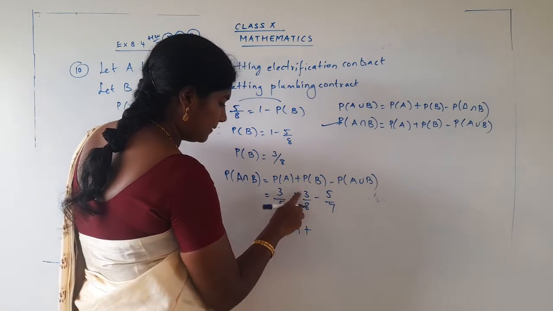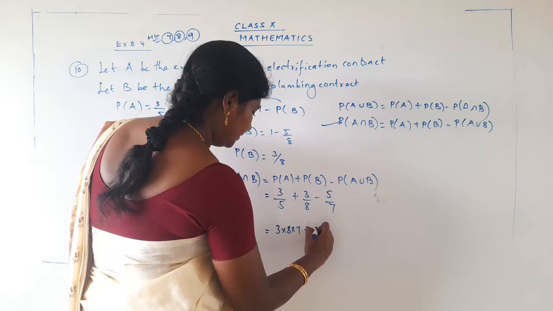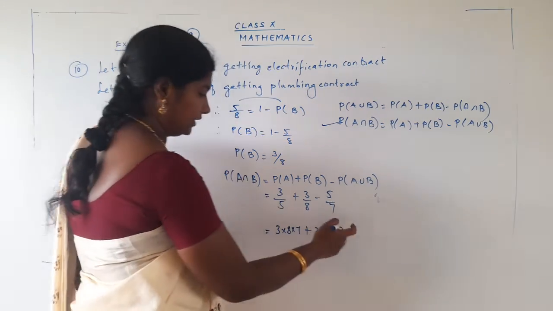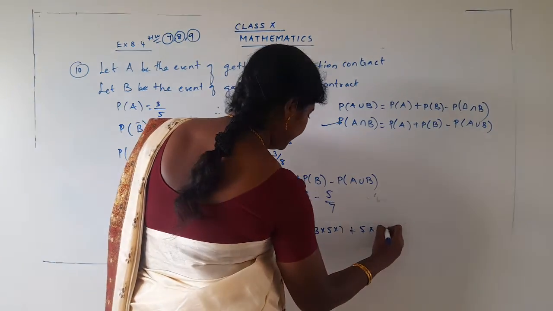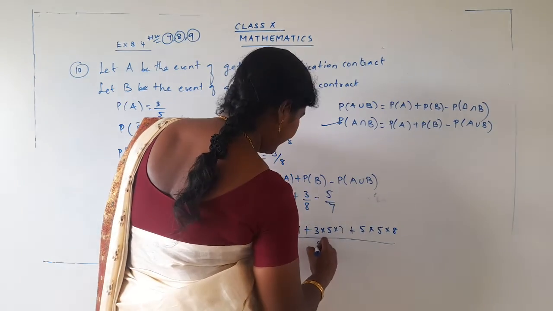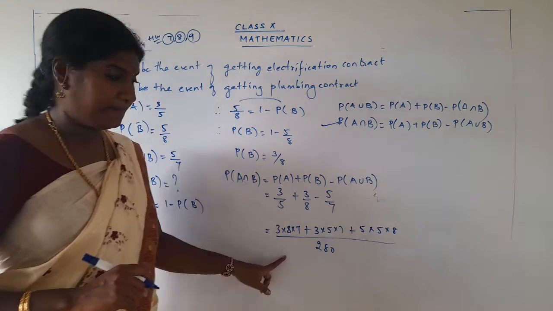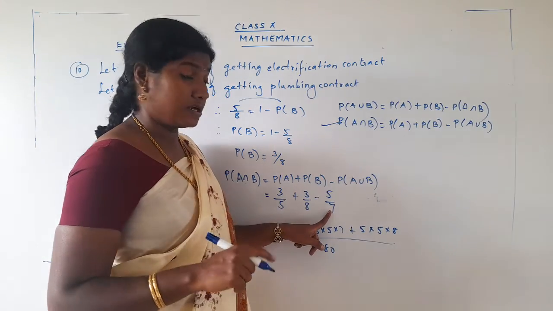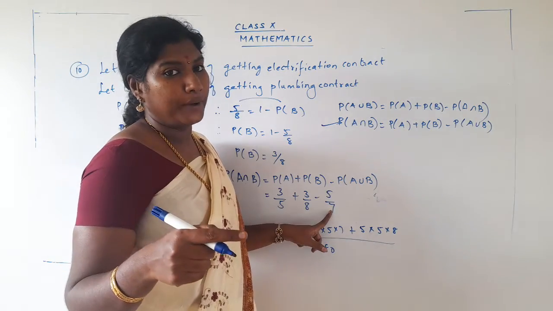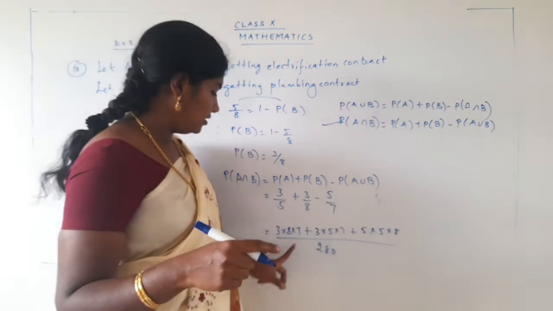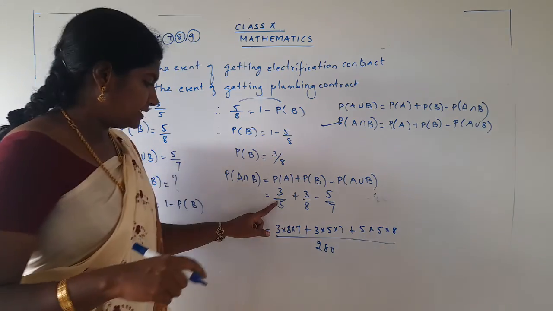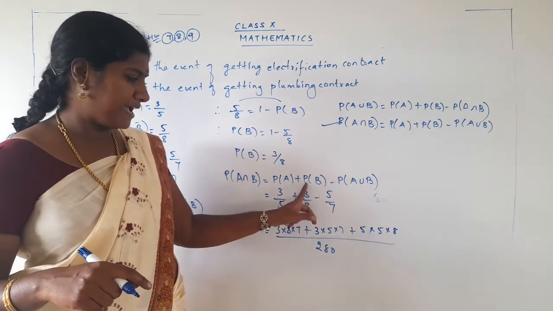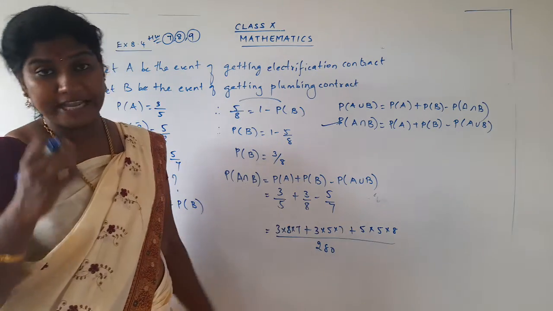And here I have to multiply by 5 and 7. And here I have to multiply by 5 and 8. So 5 into 8 upon 280. I hope you are clear with the step. 5 8s are 40, 40 into 7 is 280. For the first term I multiplied by 8 and 7, for the second term by 5 and 7, and here by 5 and 8.